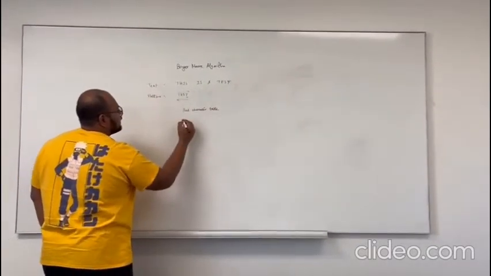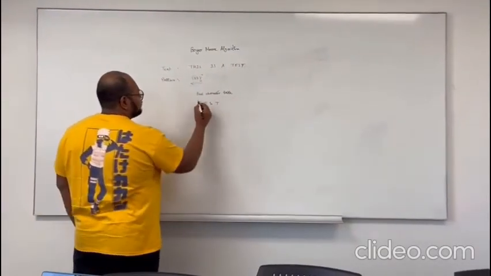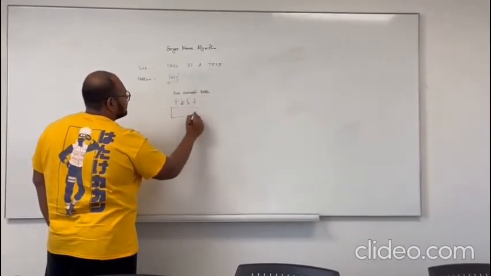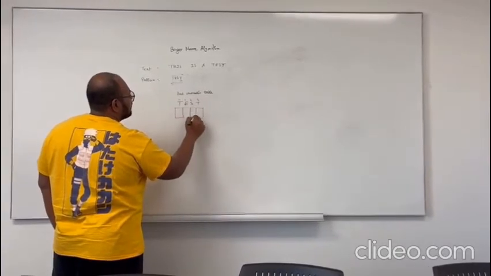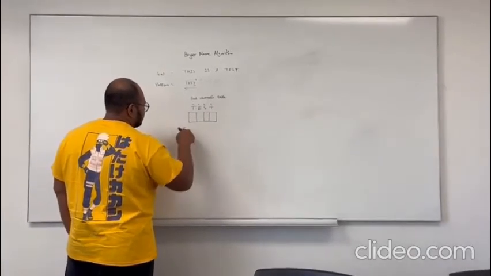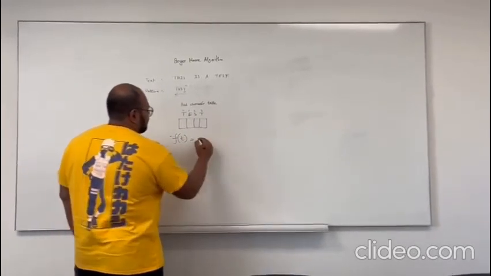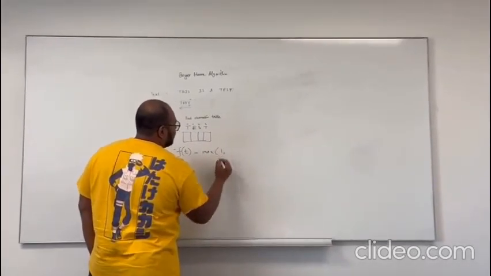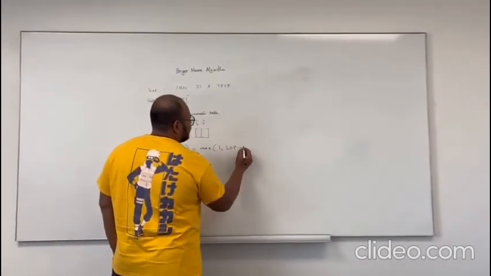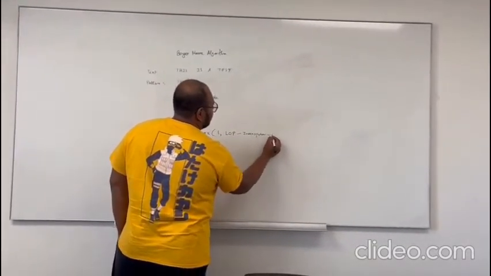So we will see what the bad character table looks like. So what's the pattern? It's TEST. Index. I'm just giving the indexes, no more. So this is the bad character table that I am going to construct. The function for this table is max of 1 comma length of the pattern, I am using LOP, length of pattern, minus index of character minus 1.